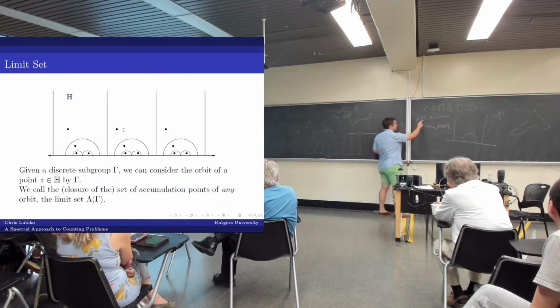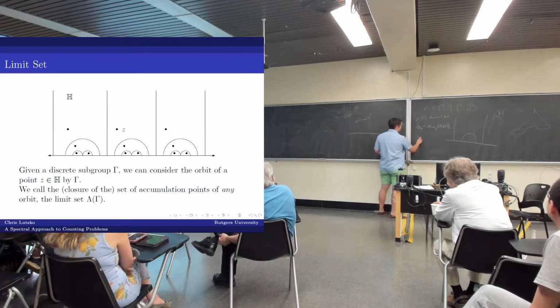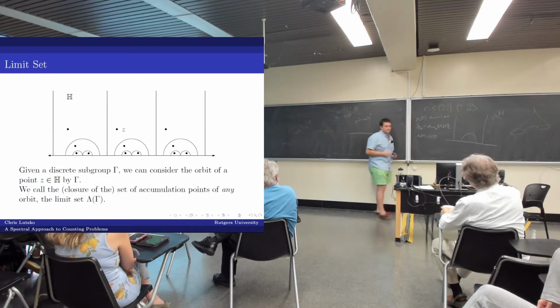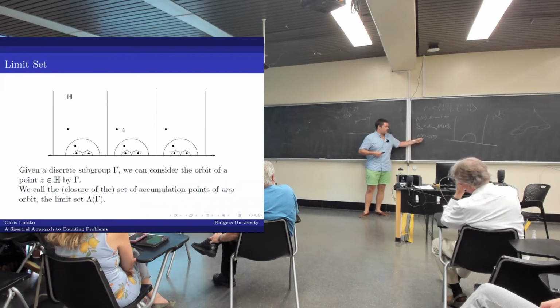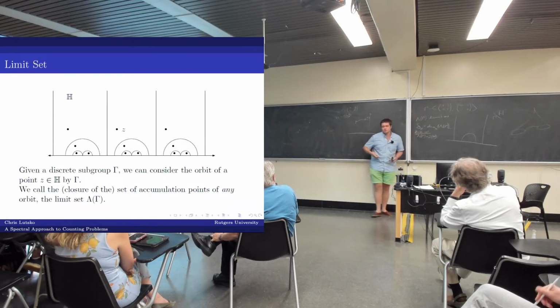Note that if gamma is a lattice, so it's finite volume, then these accumulation points are so dense that the limit set is actually just the whole boundary. And if it's infinite volume, then you're going to get some fractal picture.